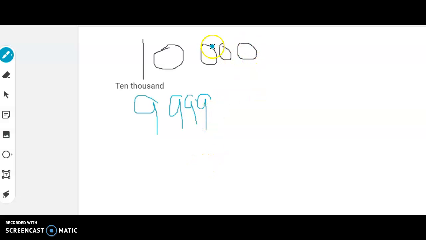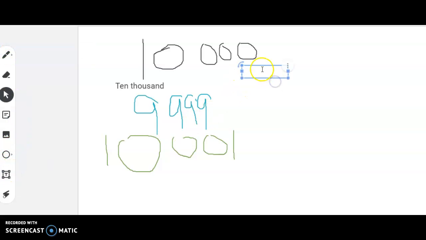We have our units, our tens, our hundreds, our thousands, and then we get to 10,000 when we add one more. What happens after 10,000? What do we get? We will end up with 10,000 and 1.